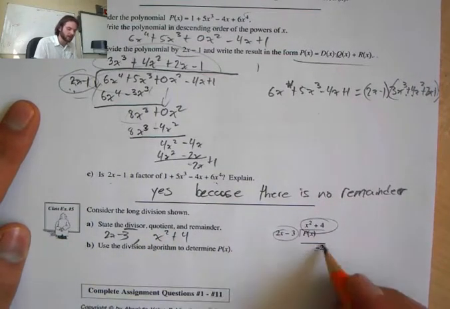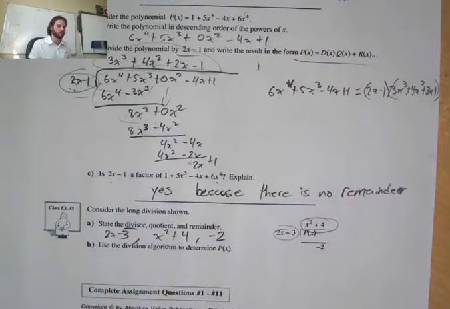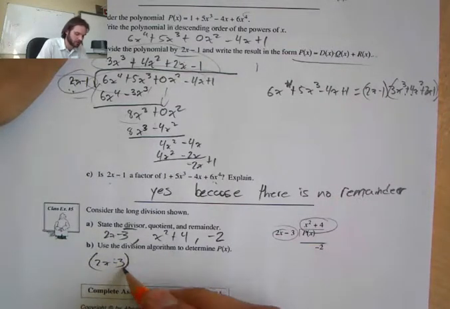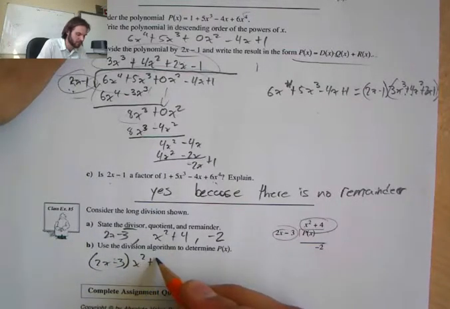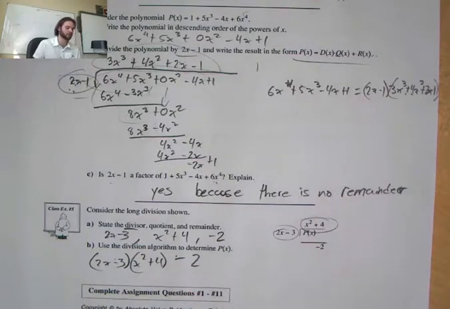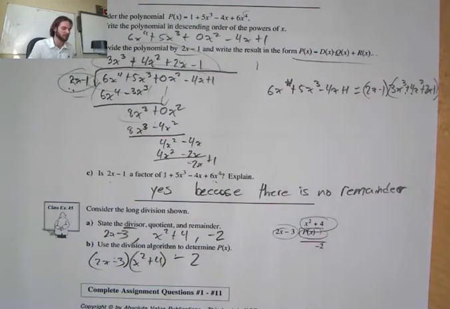And my remainder is negative 2. Okay, use the algorithm to determine P(x). So that's saying 2x minus 3 multiplied by x squared plus 4, and then we minus 2 from all that is going to be equal to my P(x).